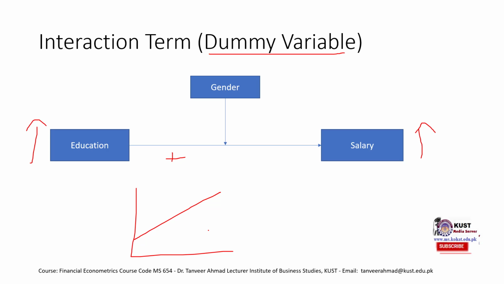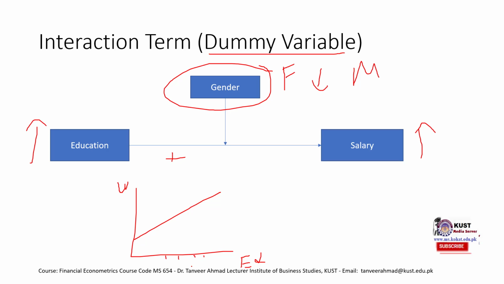But there is again a variable, gender, and we have seen multiple times that females earn lesser wages than males. Here, education is our independent variable, and this is salary or wage. So there is a positive relationship. As the education increases, the salary increases.